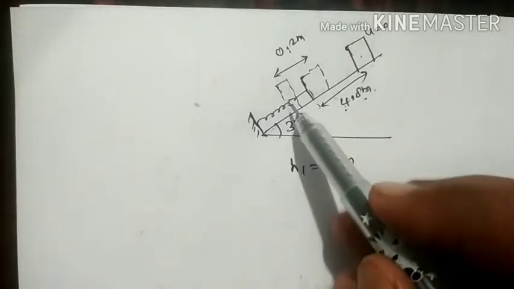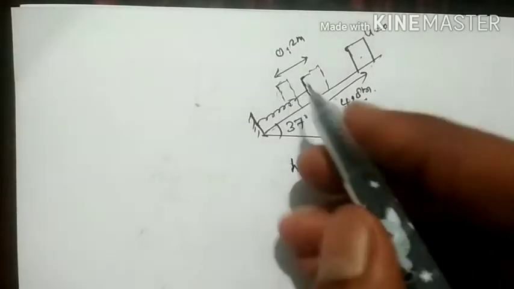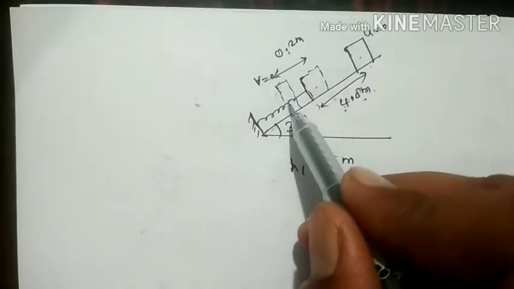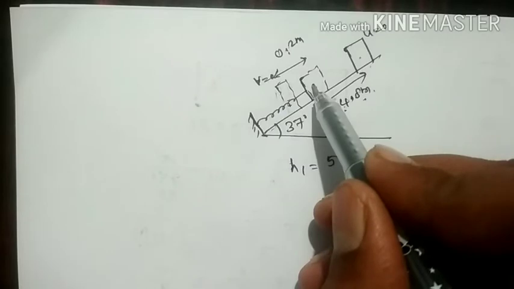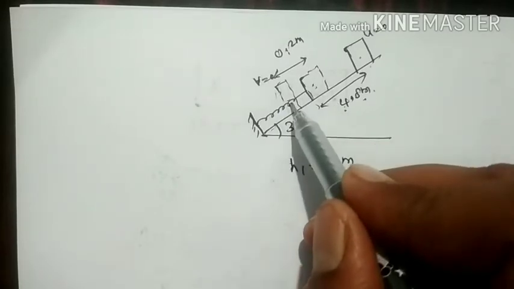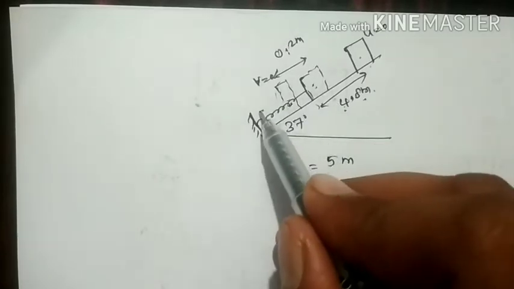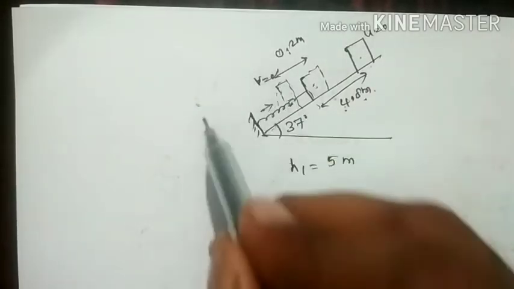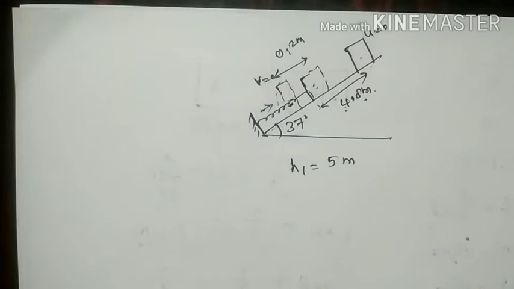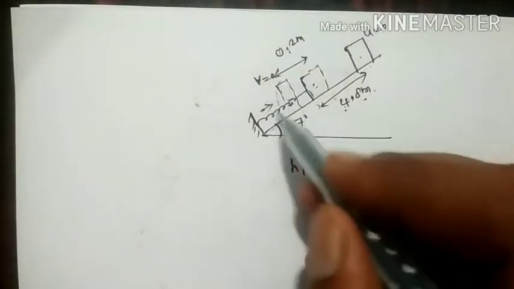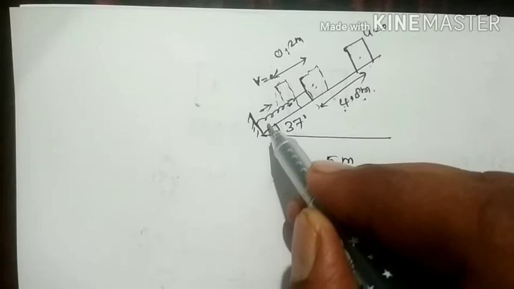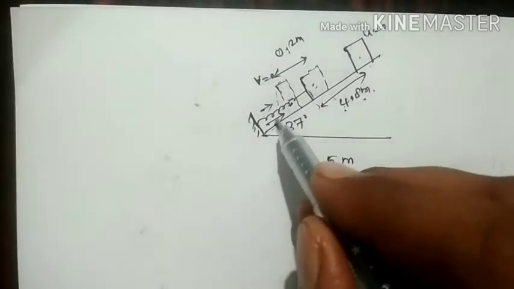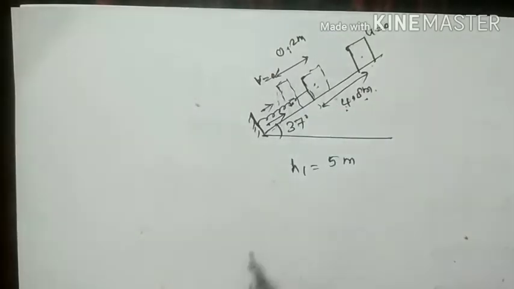Next, when the block comes in contact with the spring, the kinetic energy of the block is converted into spring potential energy, and the spring potential energy becomes maximum when the velocity of the block becomes equal to 0. Then the spring potential energy starts acting on the block, and it is again given to the block as kinetic energy.